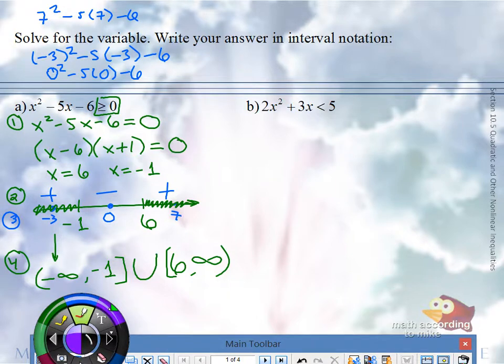All right, B, step 1, is it in standard form? How do we get in standard form? With the 5 over. So for the rest of the problem, this is what we're going to consider. To finish off step 1, we're going to ignore the inequality and make it an equal sign.